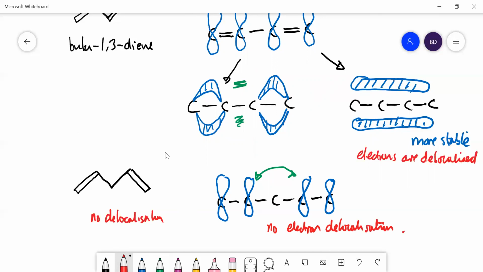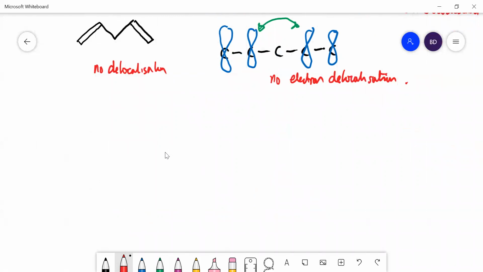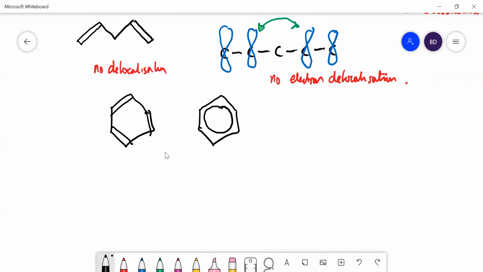Right, which brings us on to benzene, which I'll cover in the next video. But benzene, we can see it is drawn like this. That has alternate single and double bonds, and so you get electron delocalization, which occurs over the whole of the ring. That's why we often draw benzene with a circle, to show that that's what's happening.